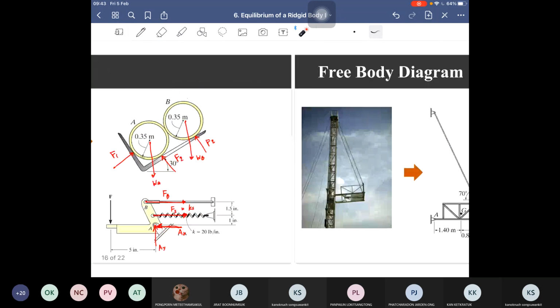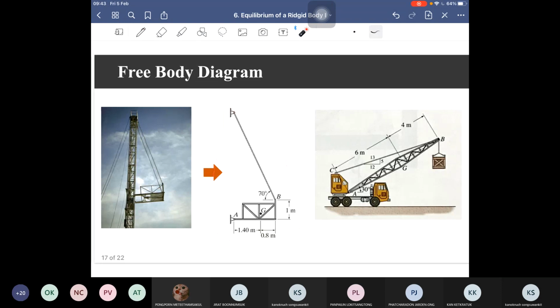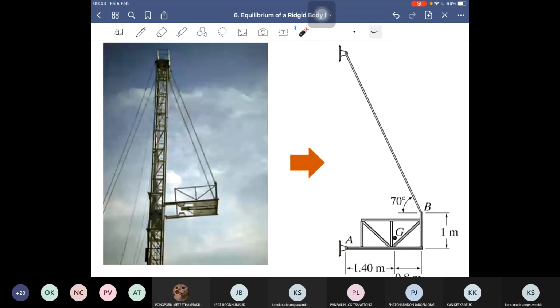Okay, sometimes the problem is given to you as a 3-dimension figure, but you can realize or replace it with a 2-dimension figure. For example, this one, if you take a good look, these figures are symmetric, right?